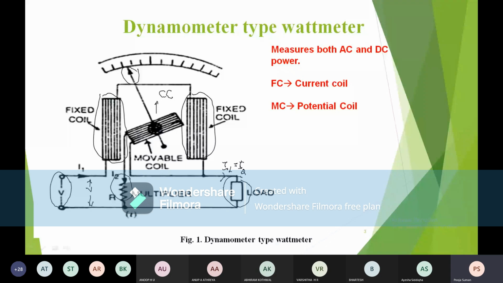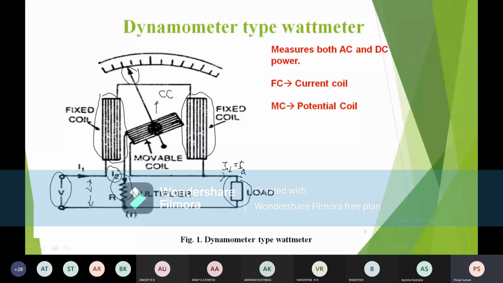The current carried by the moving coil is called I2. Here a resistor is used. The resistor is connected in series with the moving coil. What is the purpose of using a resistor? Why do we generally use a resistor? In order to limit the flow of current, we use a resistor.